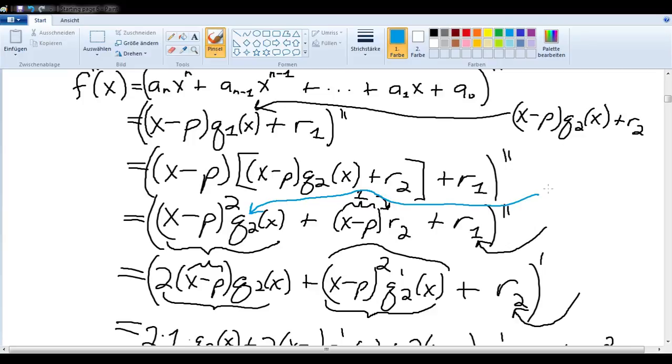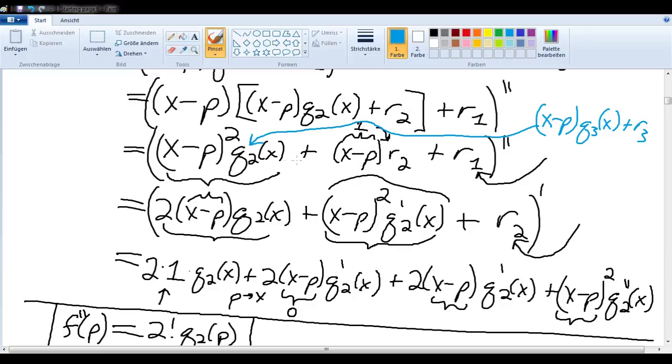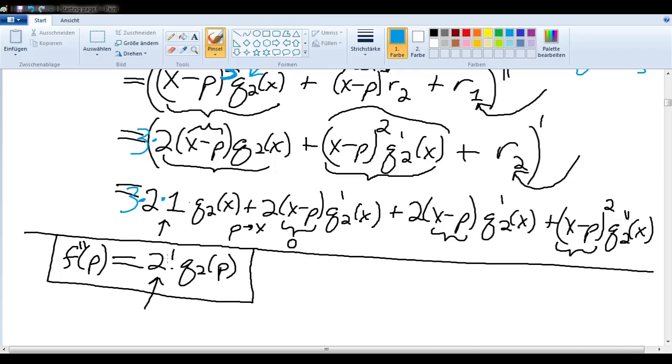We'd substitute in x minus p times q sub 3 of x plus r3, and we would end up, if we continued that process, with an exponent of 3 here instead of 2, and that would mean that we would be multiplying here by 3 factorial.